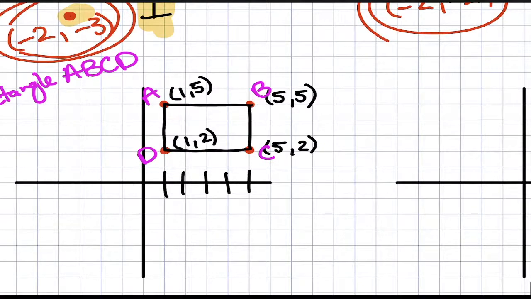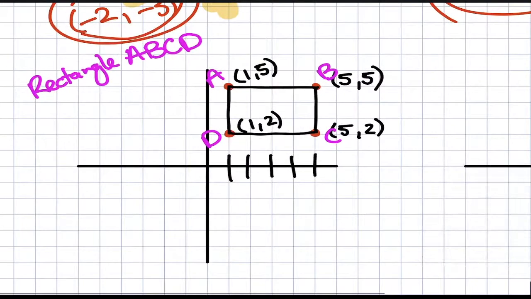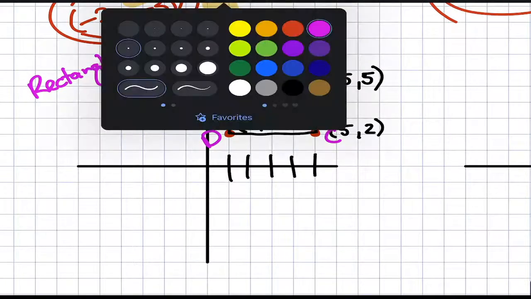When we talk about transformations, we're always talking about a shape before something and after something. So we're talking about what it looked like before and then what it looked like after. Let me make you an after for this.